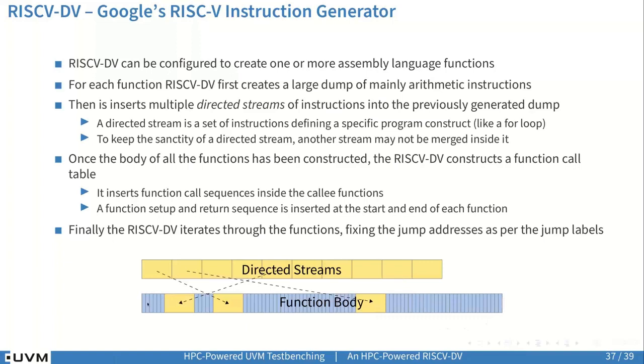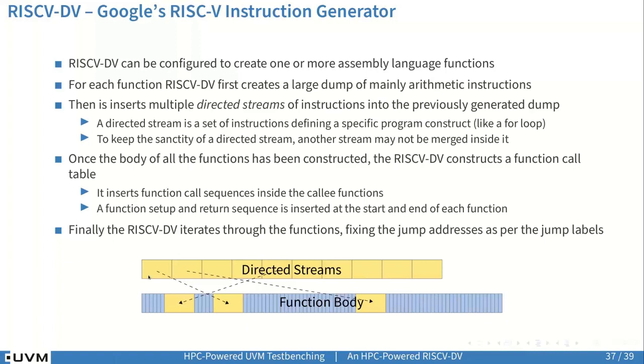Now the body of the function: first it creates a big random dump. Whatever you see in blue over here is just a random dump of instructions. These are, so to say, standalone instructions which are not part of any sequence. So it generates a big random dump, and then it generates a sequence of directed streams.